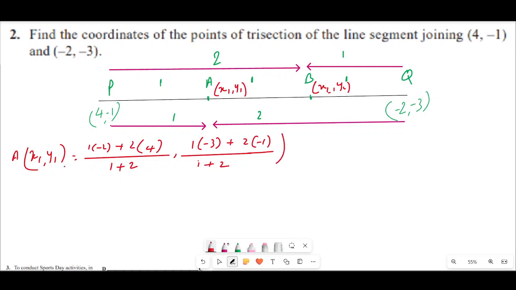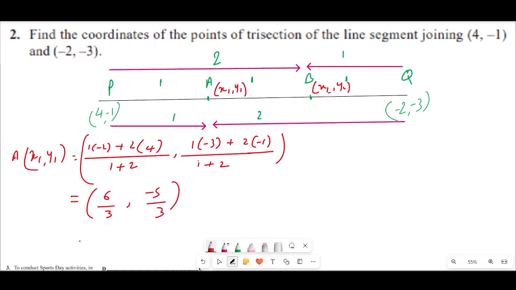Clear? We are using the formula to find the coordinates. After solving, -2 plus 8 is 6 by 3, and -3 minus 2 is -5 by 3.